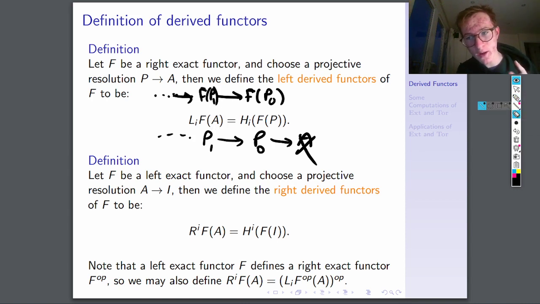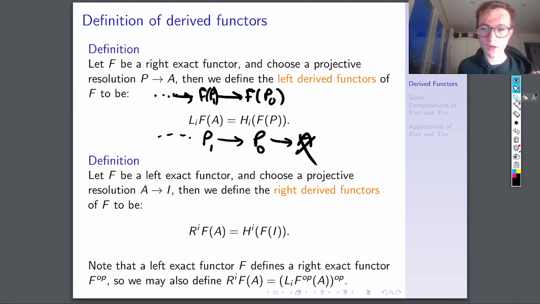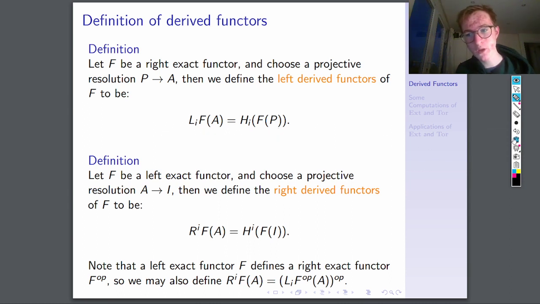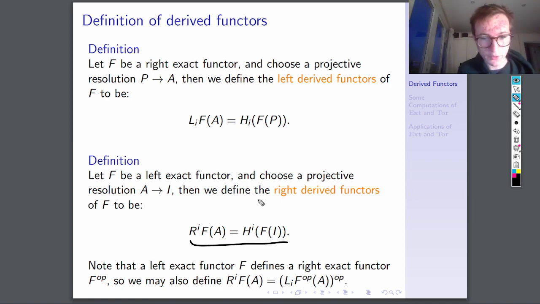I will not be proving this, because it uses chain homotopy and I did not introduce that in the ingredients, but I can put your mind at ease: this definition does not depend on the projective resolution that we pick. And of course, the same thing holds for the other side.